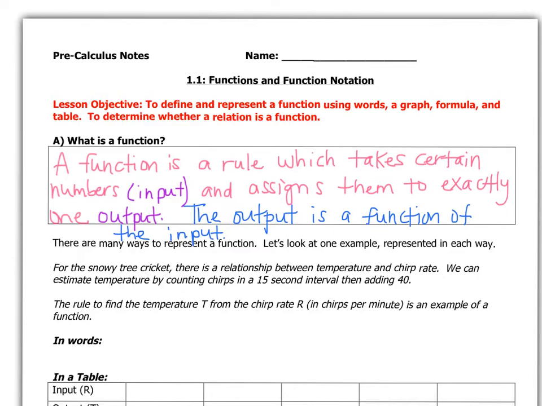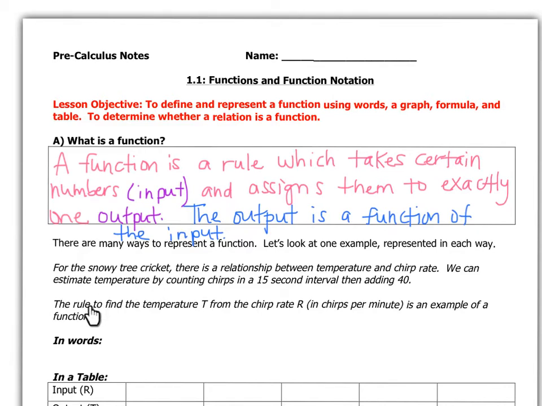Okay. Now, you have seen many different ways to represent a function. We'll look at those 4 ways with one example to see some similarities and differences. So, for some animal, this is new to me, the snowy tree cricket. I'm curious where the snowy tree cricket lives. I'll have to look that up.